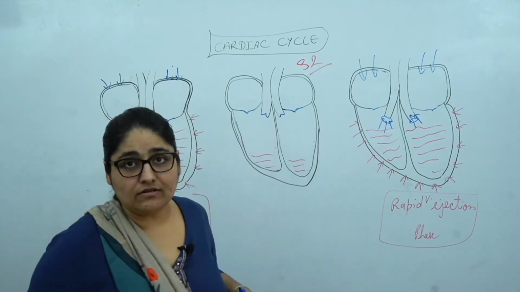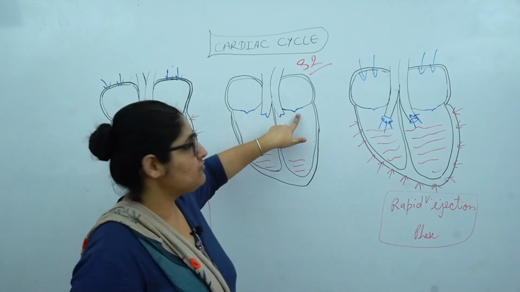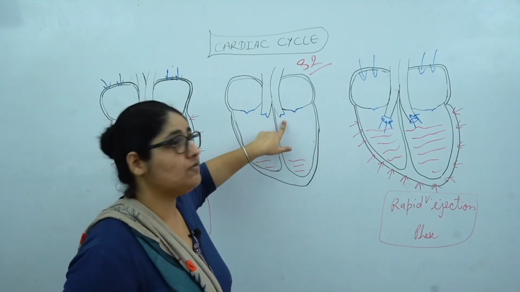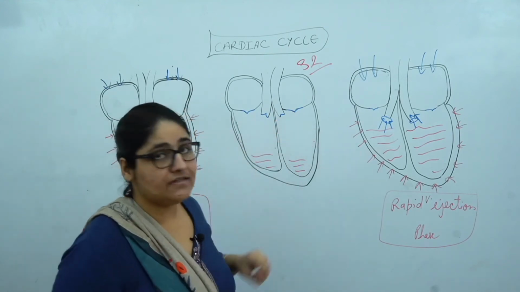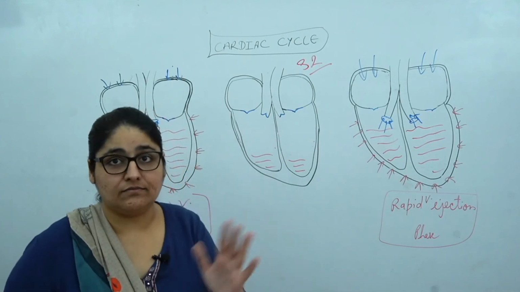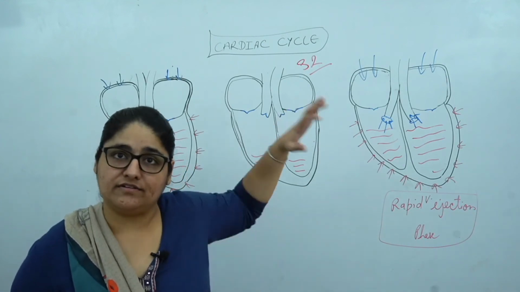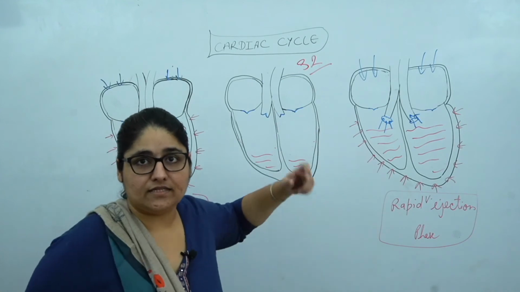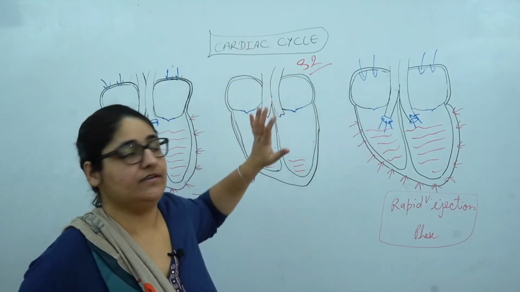In this stage also, as you can see, this valve is closed, similarly this valve is also closed. So ventricles are behaving like a closed chamber once again. They are not receiving the blood, they are not giving the blood away.